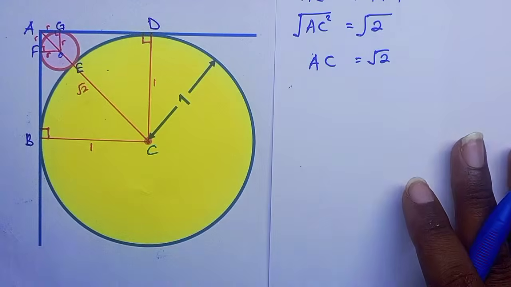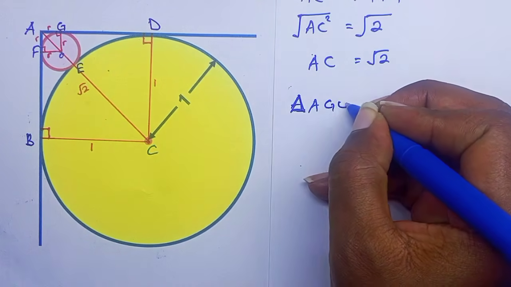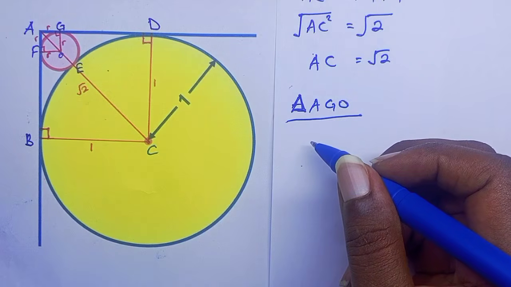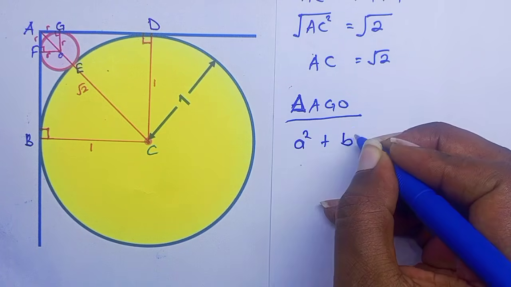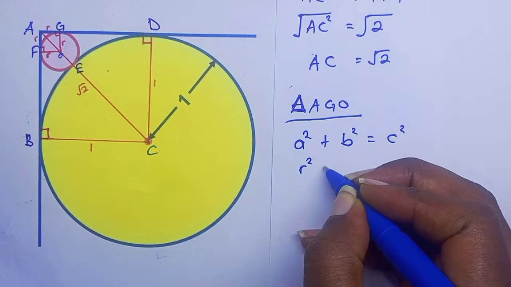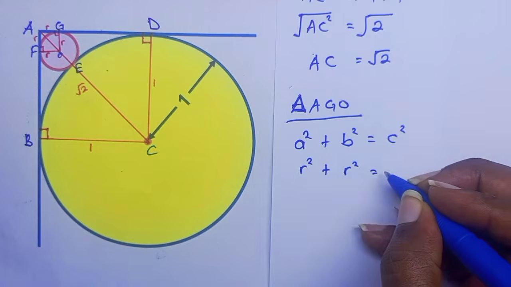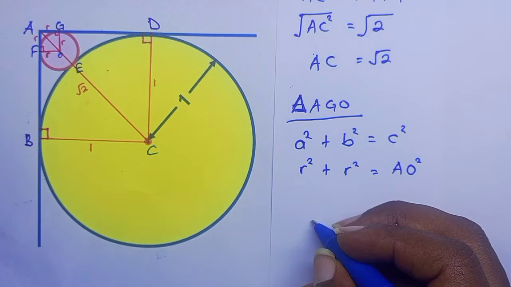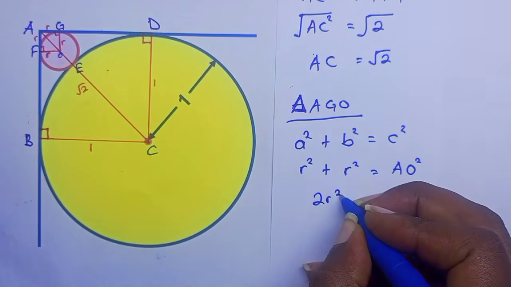So now focusing on triangle AGO, this small triangle here. It's a right triangle, so we're also going to solve it using the Pythagoras theorem. So a squared plus b squared is equal to c squared. Our a is r, so r squared plus our b is also r, is equal to our c, which is AO squared. So r squared plus r squared gives us 2r squared.